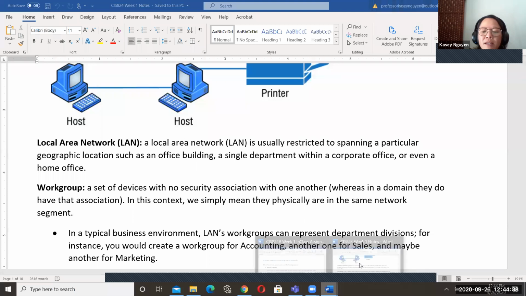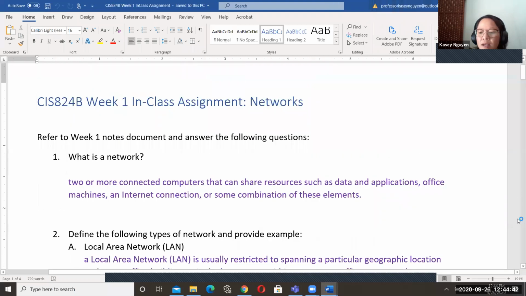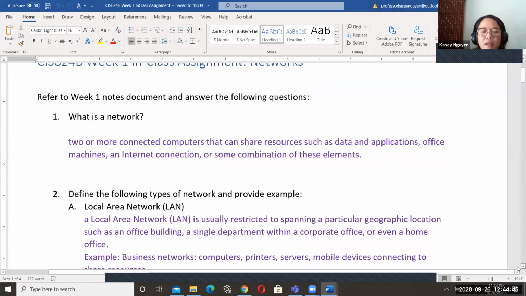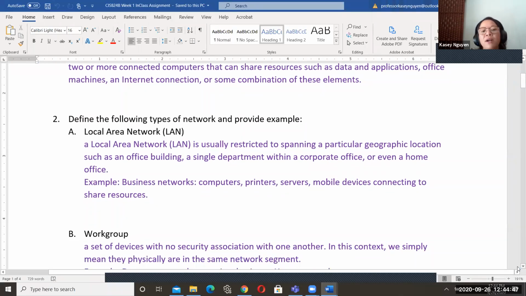So to answer the next question, a local area network is restricted to a geographic location like a building, and the business would own all the equipment inside that network, right? From the laptop that you use to the workstation that they have.